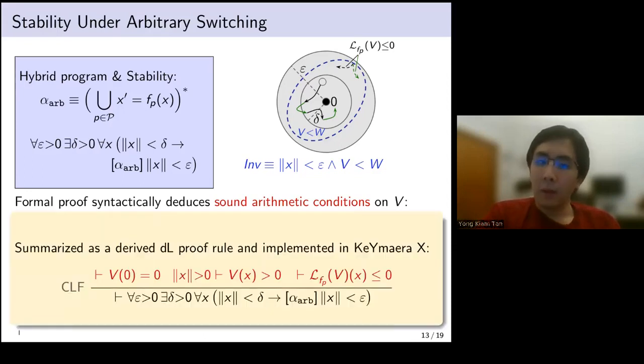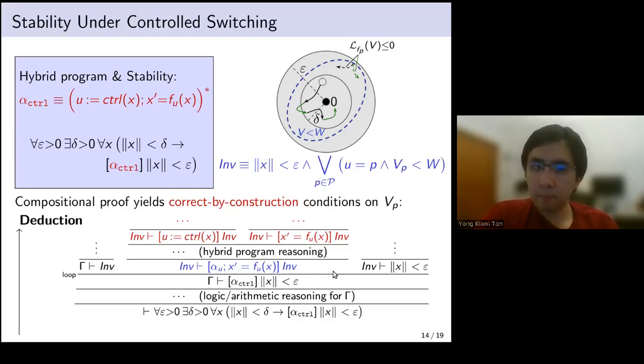Okay, so what we have seen so far is essentially a way of soundly deriving these proof principles for arbitrary switching, and this will later on allow us to implement this within KeYmaera X. Now, however, a more important thing we can do is to apply the same concept to a different switching mechanism. Let's say we have a user-provided controlled switching mechanism.